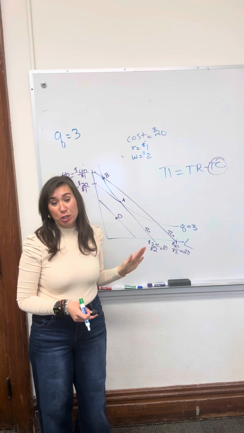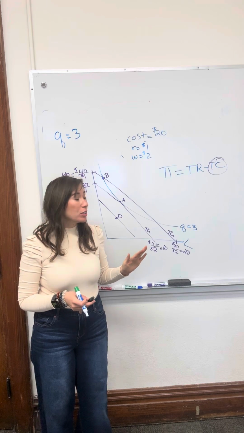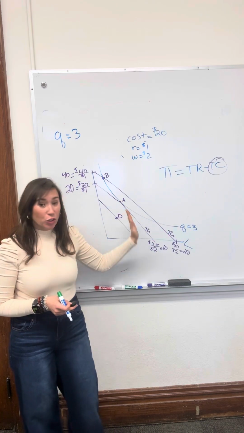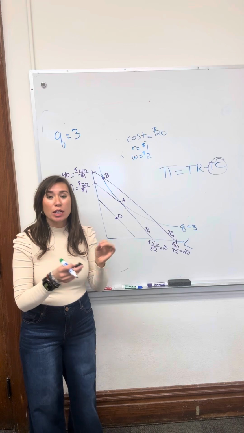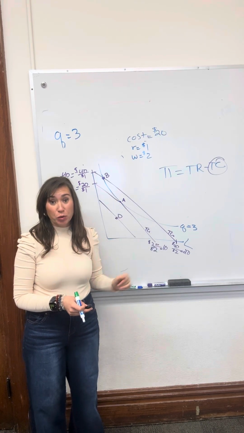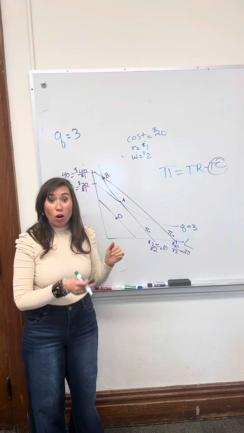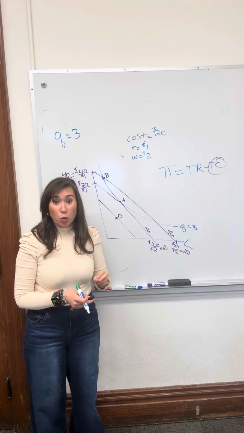And that's where the production process comes into play in our isocost and isoquant curves. So each isocost curve represents a certain expenditure associated with our options for production. As you notice, B and A are all options on the isoquant curve.